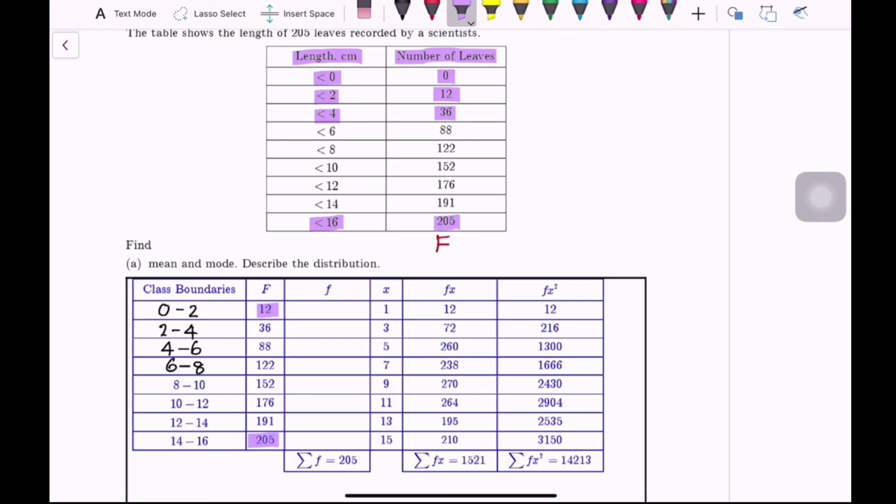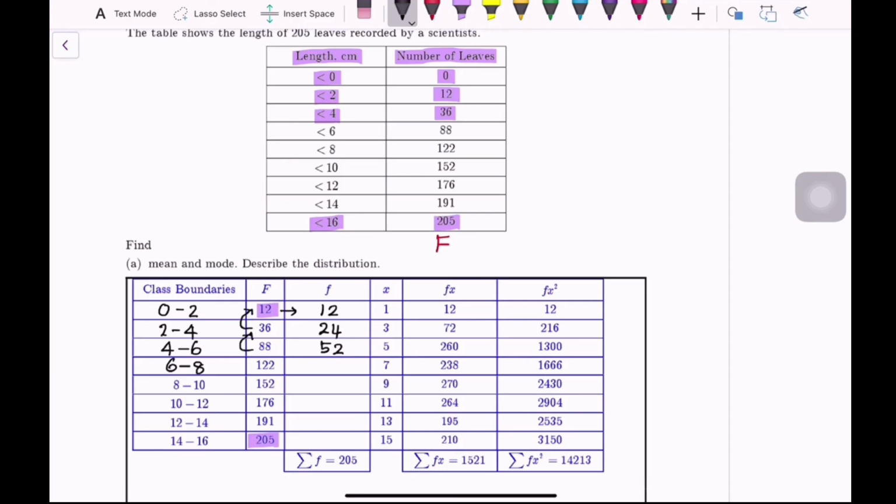And then to find the frequency, the first frequency is 12. For the next frequency, we subtract 36 and 12, we get 24. And then 88 minus 36 is equal to 52.